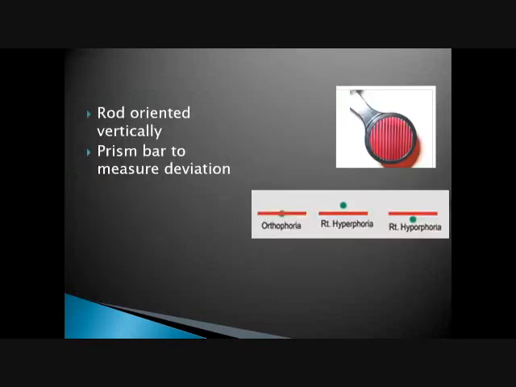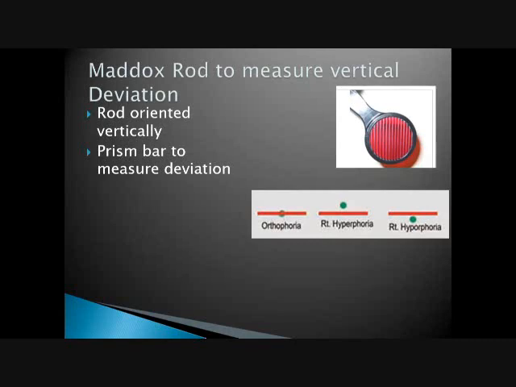Okay, so what is this? Okay, Maddox rod, and we measure the vertical deviation. Normally, when the muscle balance is normal, we place it in front of the right eye. To make a horizontal line, we keep the cylinder vertical.